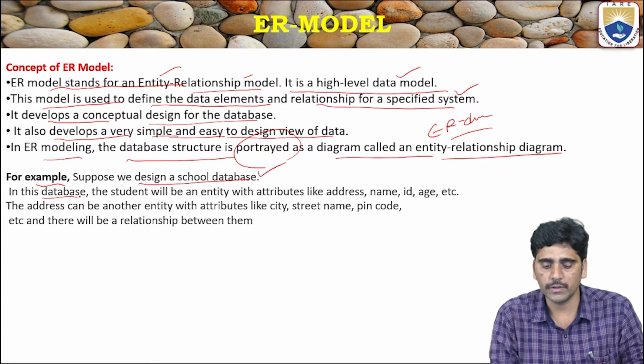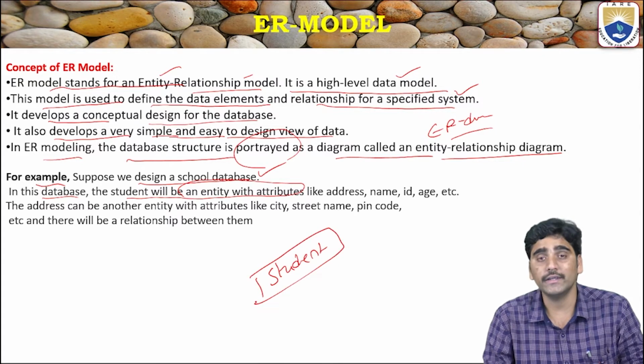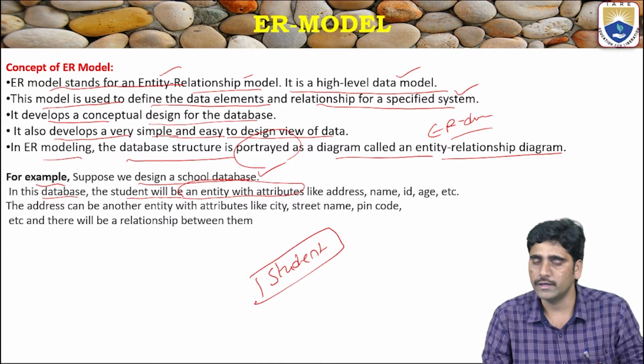In this database, the student will be an entity. We take a student as an entity because ER model stands for entity relationship model. An entity contains the properties of a real world object.